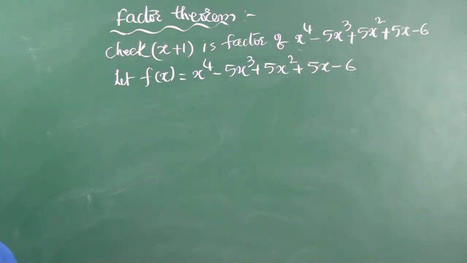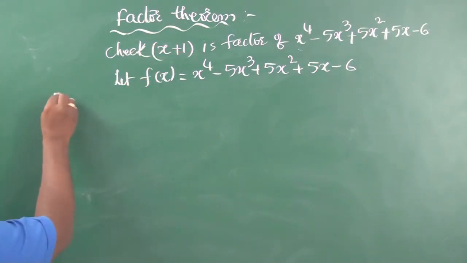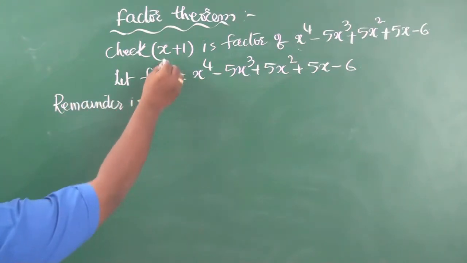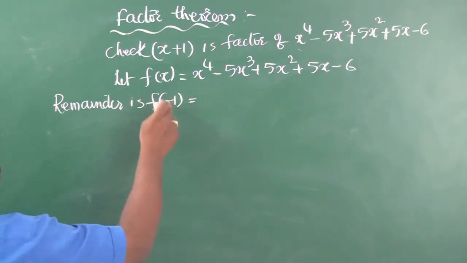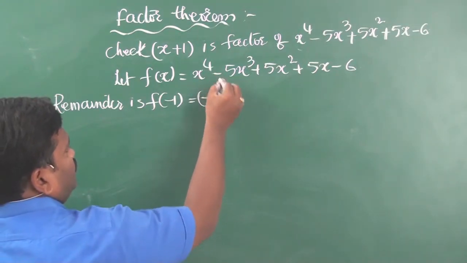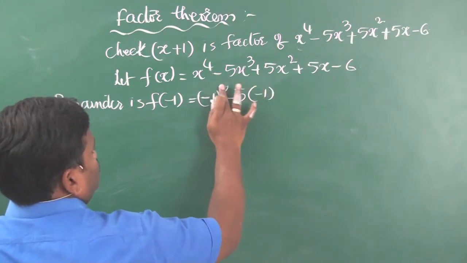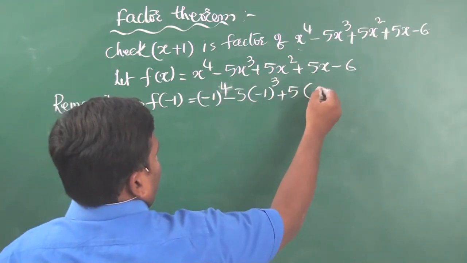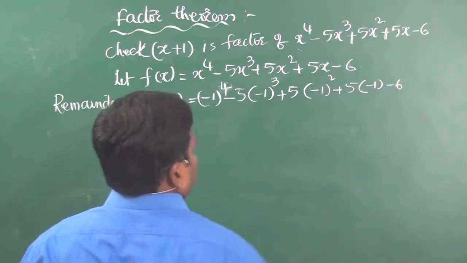Since x plus 1 is the divisor, the remainder is f of minus 1. In place of x, substitute minus 1: minus 1 whole power 4 minus 5 into minus 1 whole cube plus 5 into minus 1 whole square plus 5 into minus 1 minus 6.